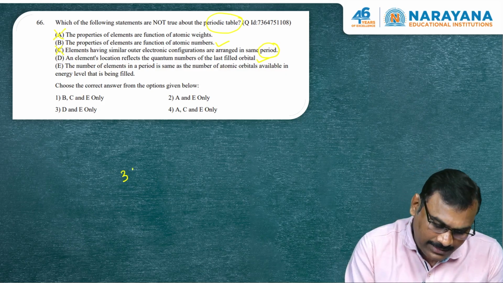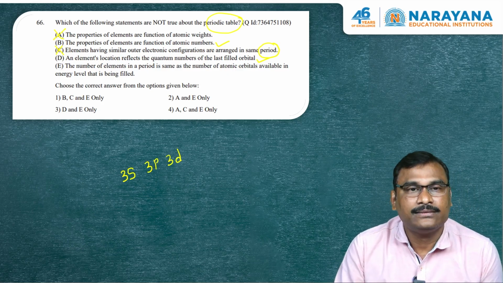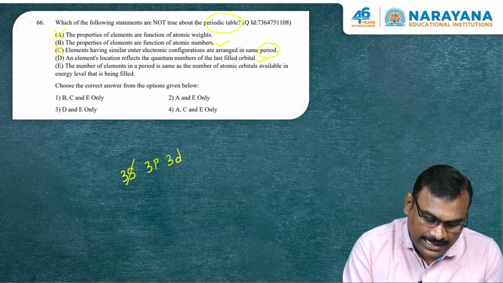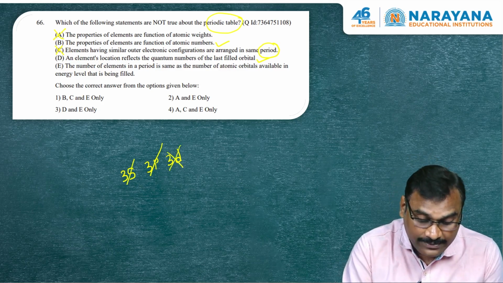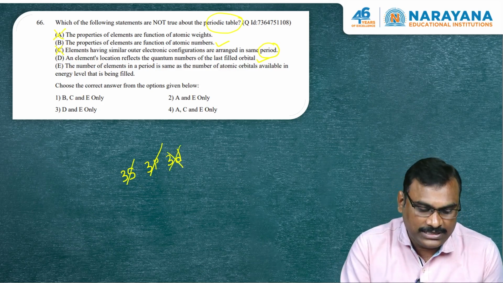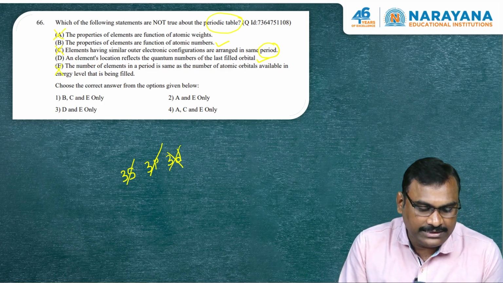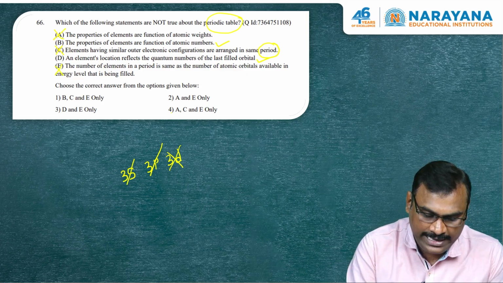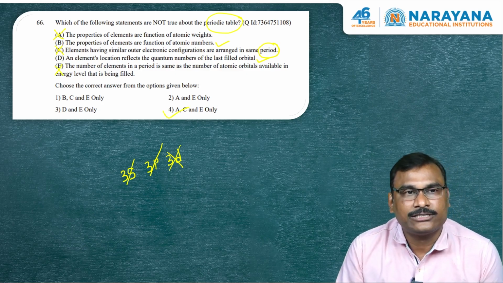In the third period, the available orbitals are 3s, 3p as well as 3d. But in the third period, electron filling only takes place in 3s and 3p, but not in 3d. So this option is also wrong. So the wrong statements given in the question are A, C, E only. That is the fourth option. Now let us go for the next question, student.